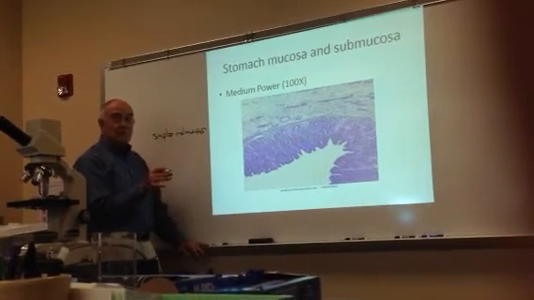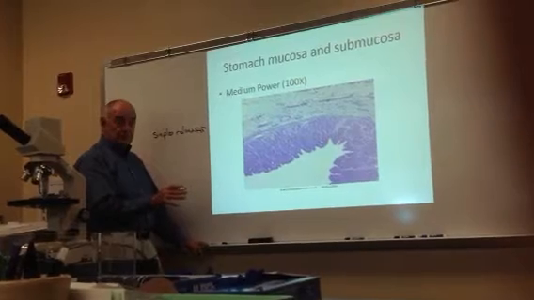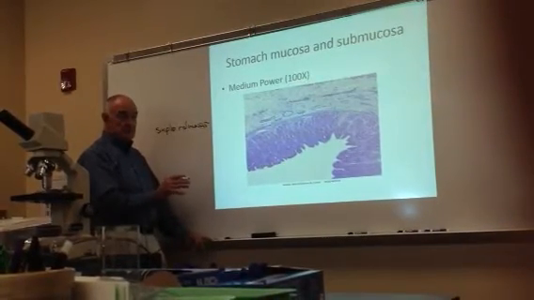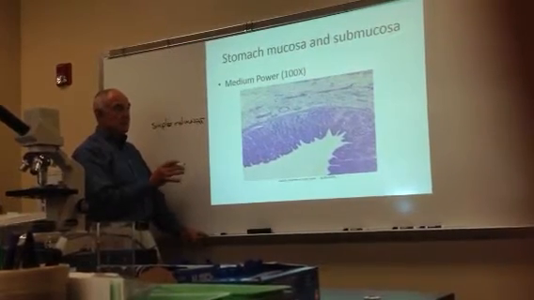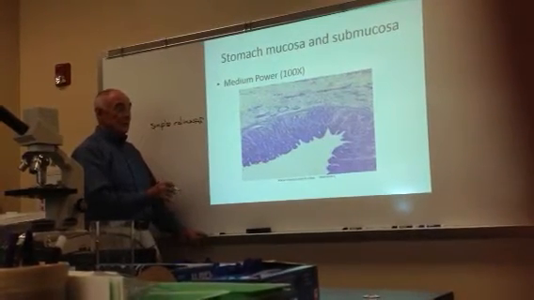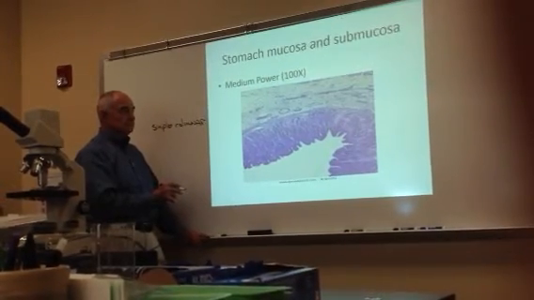Simple columnar is always the best secretory or absorptive type of cell shape. So that's why you see so much of it in the digestive system. There's so much secretion and or digestion going on, or absorption rather, sorry.